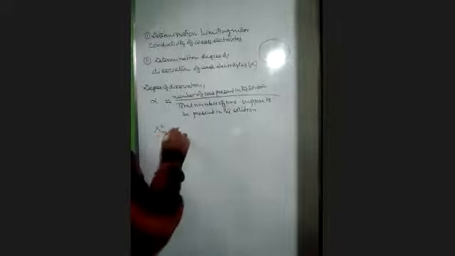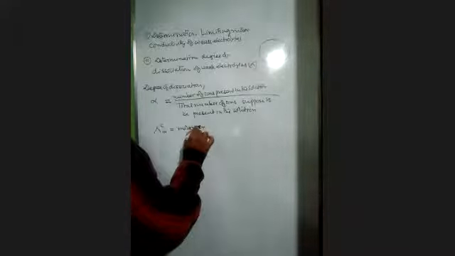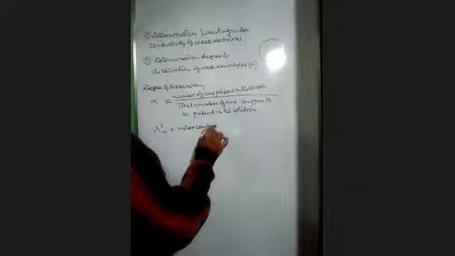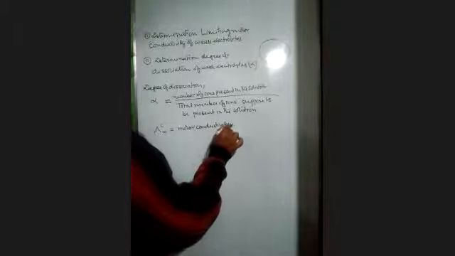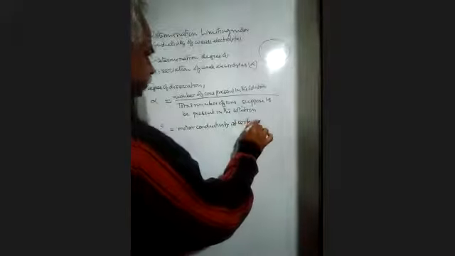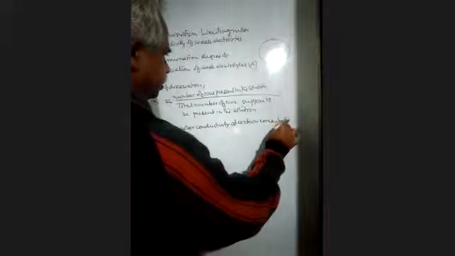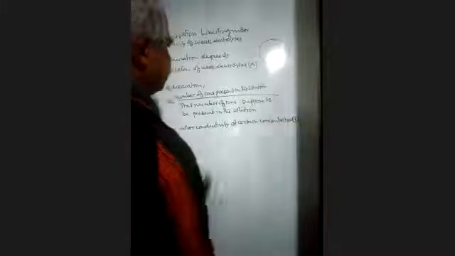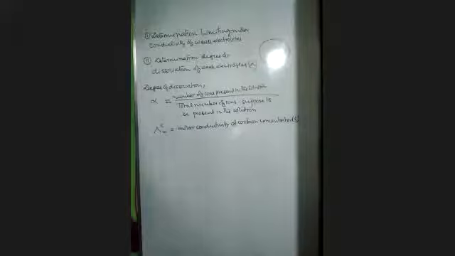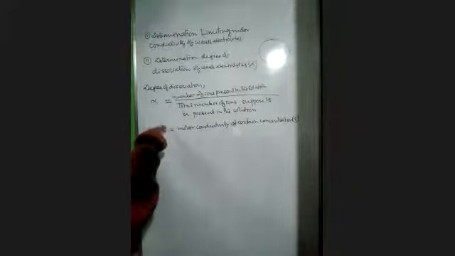It is the molar conductivity at a certain concentration. What is the concentration? C. It may be say 10 to the power -2 or 10 to the power -3 or -4 molar.